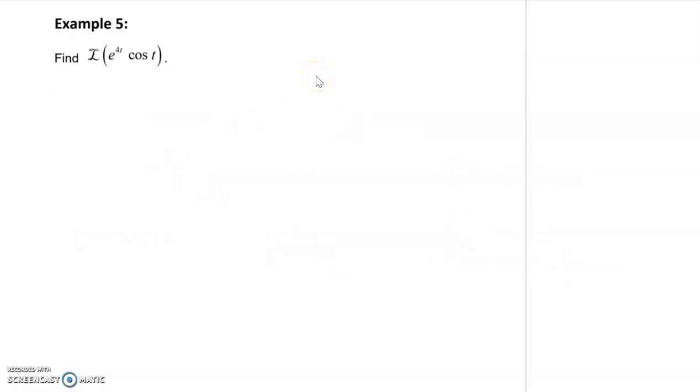Look at the second example on the first shifting property now. We want to find the Laplace of e to the 4t times cos t. Again, we have a function cos t that is multiplied with the exponent at. So we want to map this to the Laplace of e to the at f(t), the first shifting property, so the answer is F(s minus a).